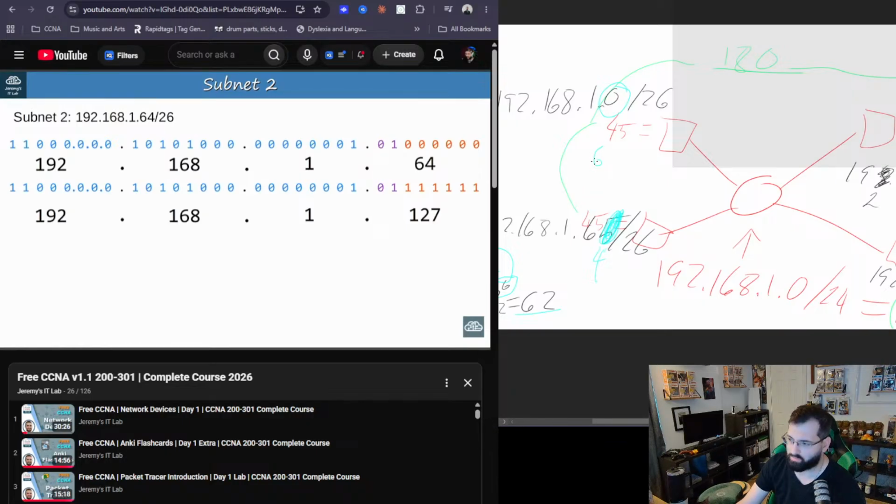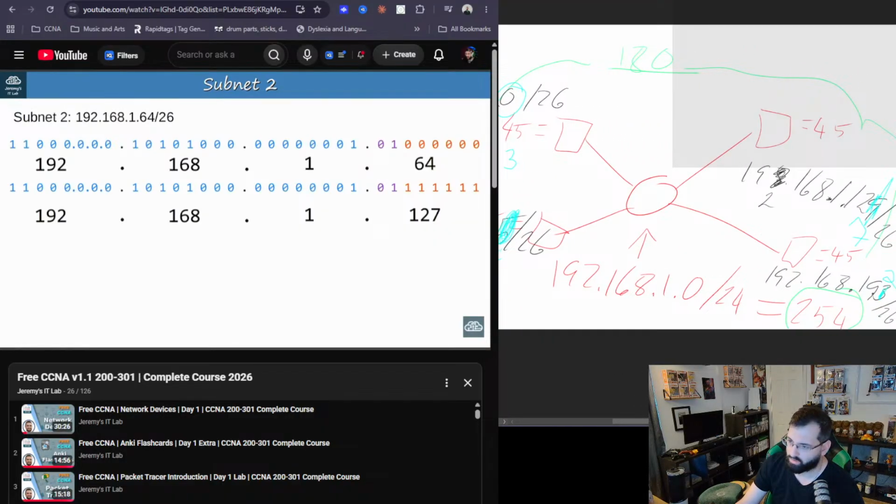broadcast is going to be 64. And if our broadcast... No, it's not going to be 64. It's going to be 63, because we count 0. Which means that our next host is going to be 64. So we count 64. 64 is 1.